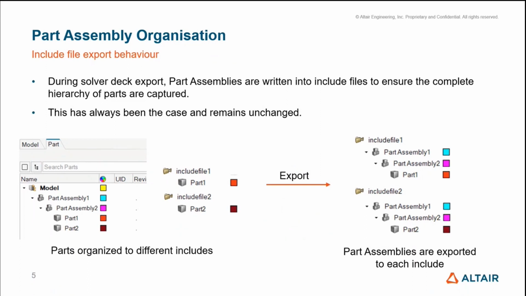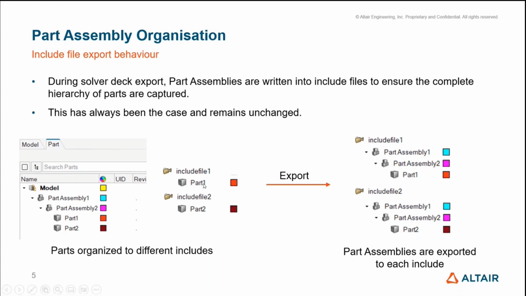So during solver export, we write part and part assembly comments as an XML comment block to the bottom of an include file. And when we write that part comment block, we write all of the assemblies necessary for a part into each include file to ensure the complete hierarchy of the part is captured.